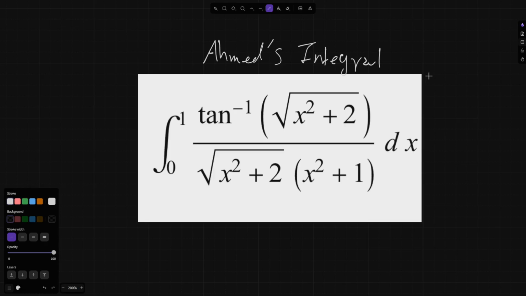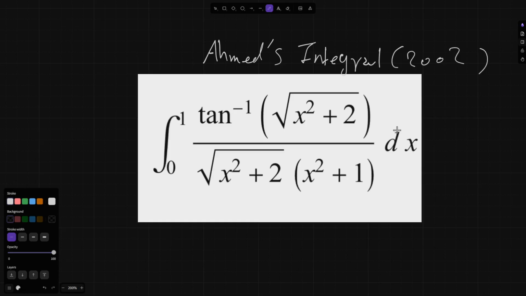This appeared in 2002, and for years it has terrified undergraduates and delighted integration bees. It looks deceptively simple, but standard techniques like u-substitution and integration by parts will lead you into a maze of impossible algebra. To solve this, we have to think in higher dimensions.